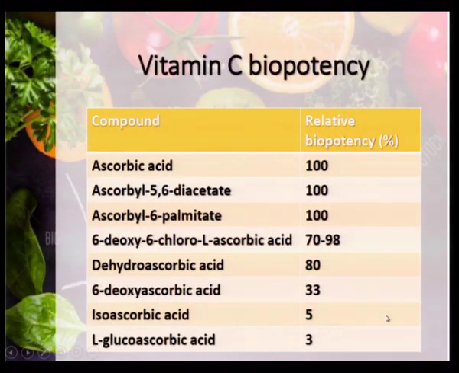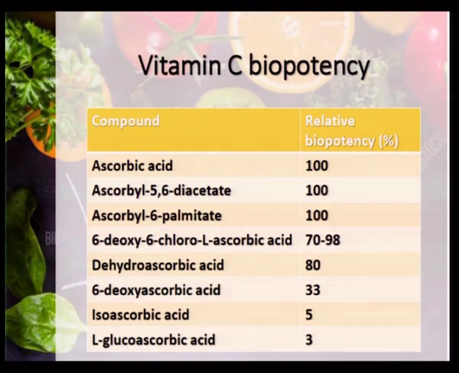Here you find a relative biopotency between the classes of vitamin C compounds available. Ascorbic acid has 100% functional role. You have ascorbyl 5,6-diacetate, one more derivative of vitamin C, which is also good. Similarly, ascorbyl 6-palmitate is also really good.